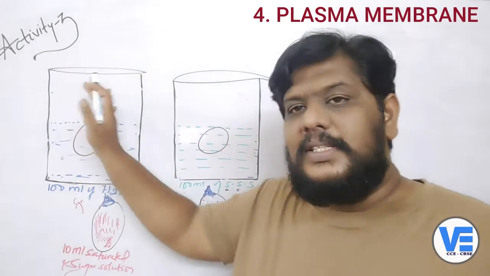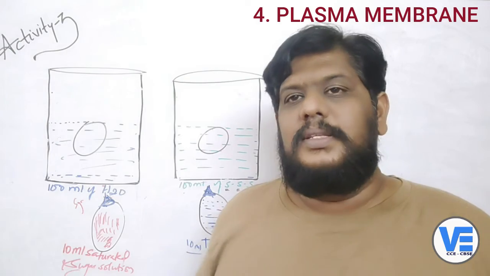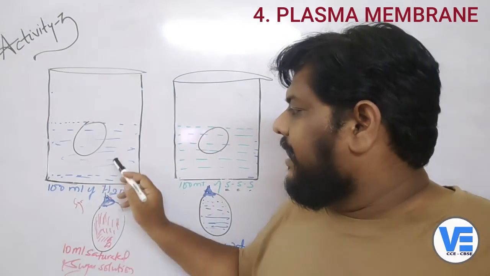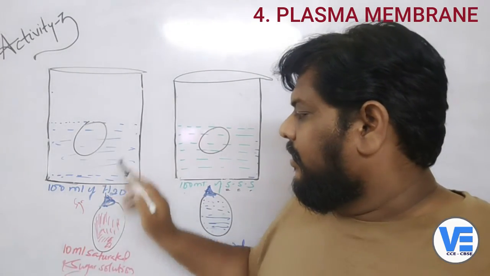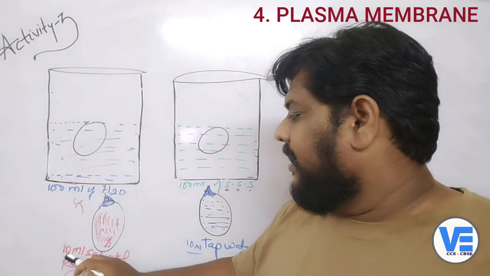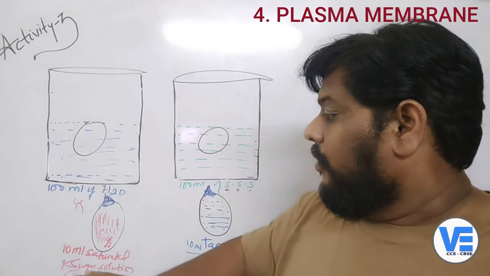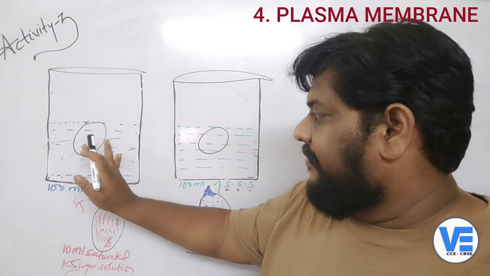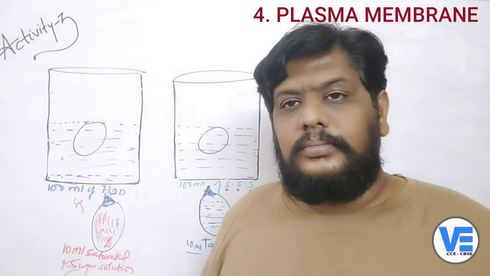If I leave this overnight, when I see the next day, what happens? We'll observe the first one. I've taken 100 ml of water in the beaker, and 10 ml of saturated sugar solution in the membrane. So where is the more concentration?